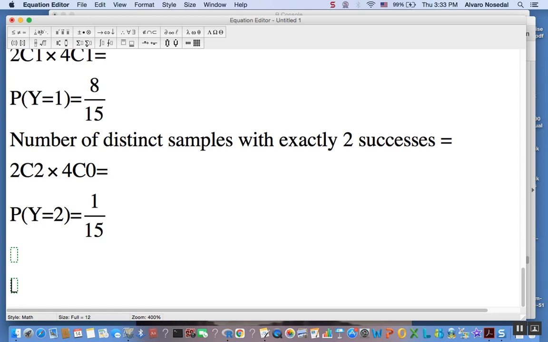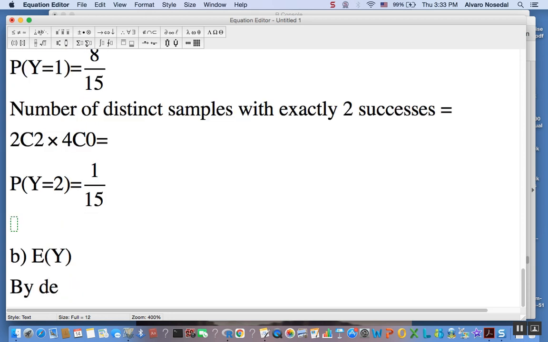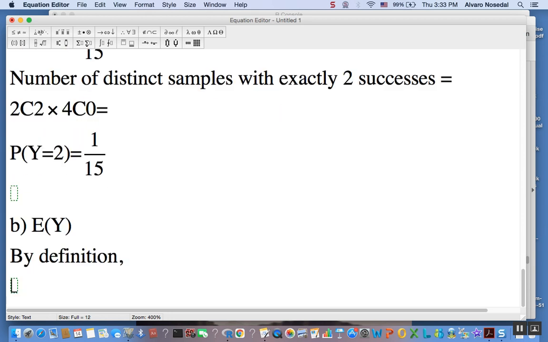Okay, so part B, expected value of Y. So by definition, we know that the expected value for a discrete random variable is just given by the sum of Y times the probability of observing that particular value, Y, right?